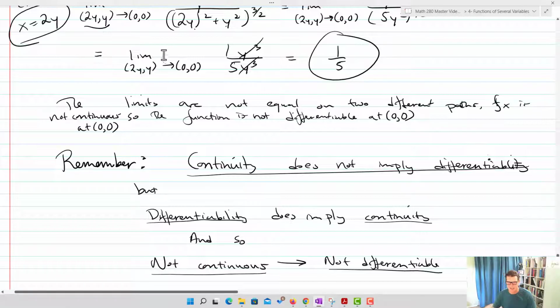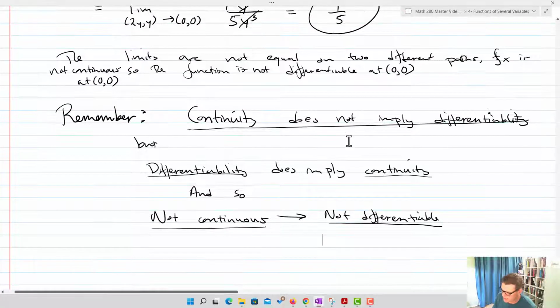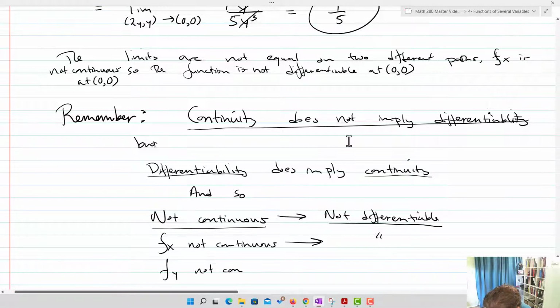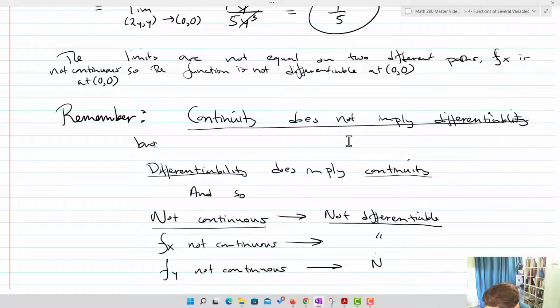And that's what these last two theorems actually tell us. It also tells us if fx is not continuous, that implies not differentiable. And if fy is not continuous, the whole function is not differentiable. And this is at x naught, y naught.